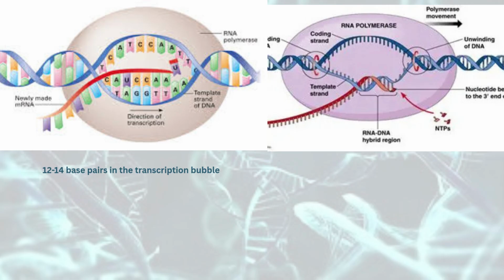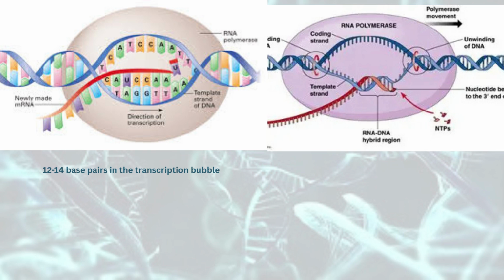Now we talk about the second stage of transcription, which is elongation. Elongation, this is the synthesis of the full RNA transcript, which is done by RNA polymerase coenzyme, using the template strand in the direction of 5' to 3'. The RNA nucleotides are added to the 3' end of the transcript.